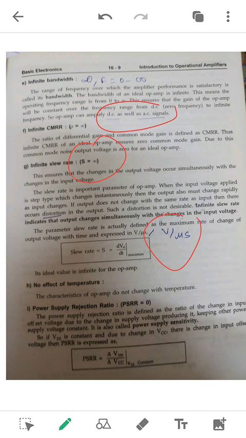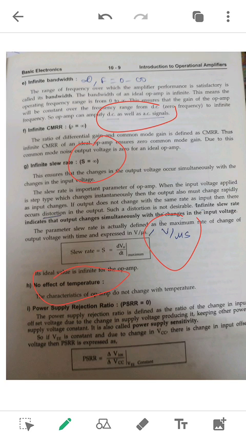Simply, with the rate of input change, we have to observe the proportional change immediately or simultaneously in the output. Then it is called an infinite slew rate. So, no effect of temperature. The characteristics of the op-amp do not change with temperature, that you can see here. There is no effect of temperature on the op-amp.